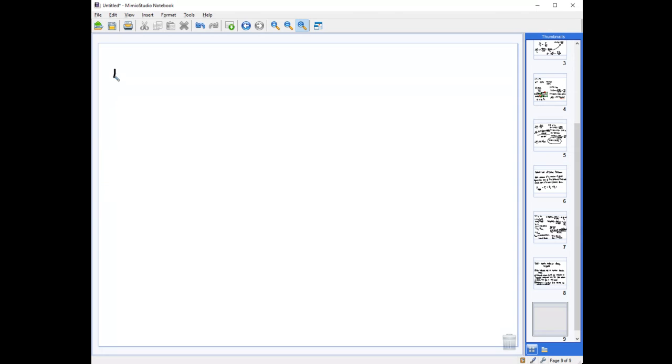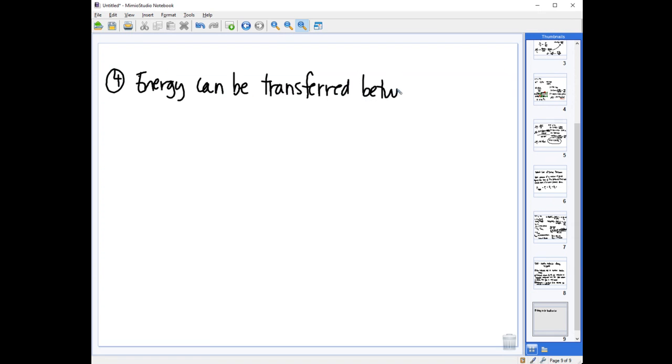And the fourth thing is that energy can be transferred between molecules during collisions.